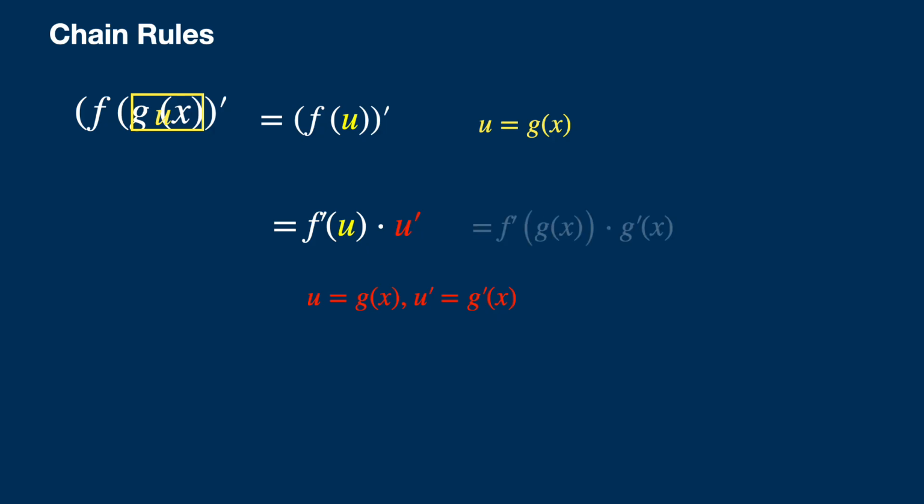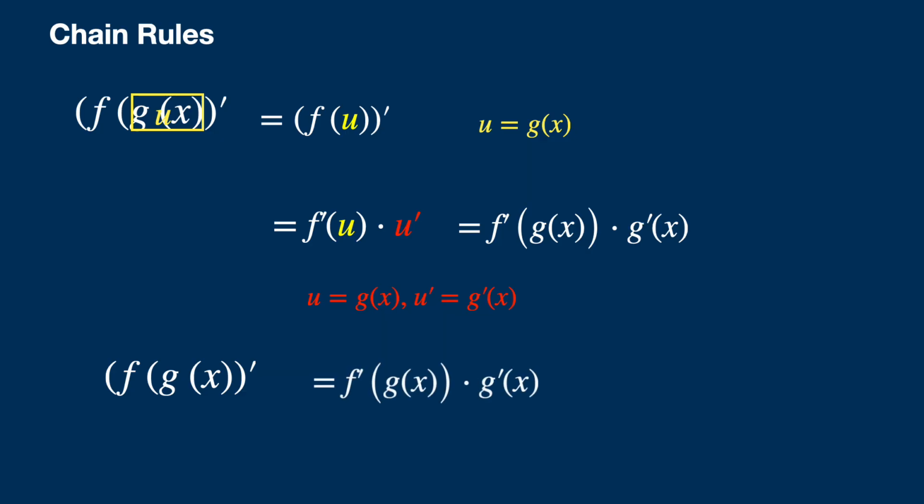So this is going to be f prime of g of x times g prime of x. So for the derivative of f of g of x, you identify the inside function, take the derivative f prime first, then multiply by the derivative of the inside function. That's the chain rule.